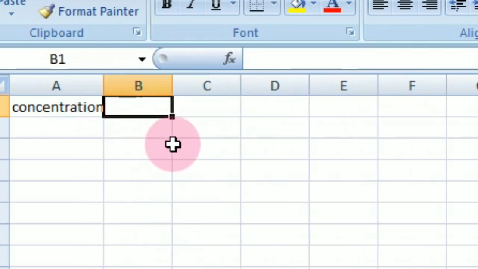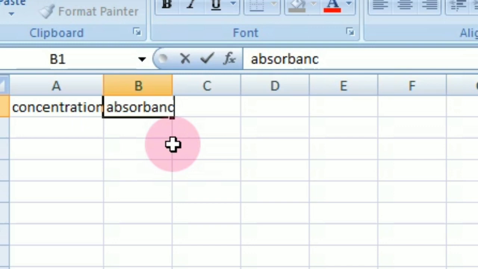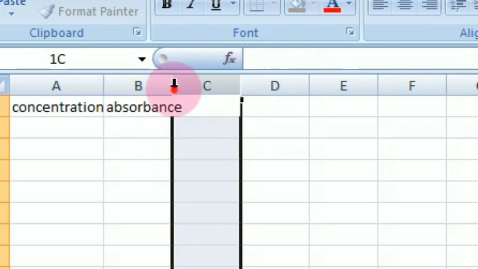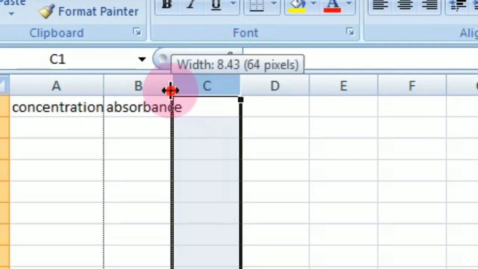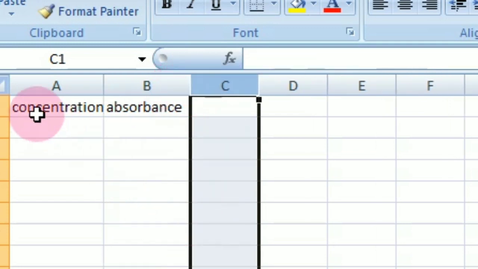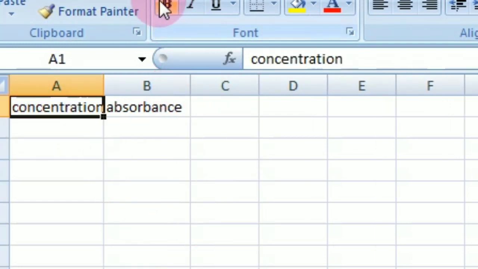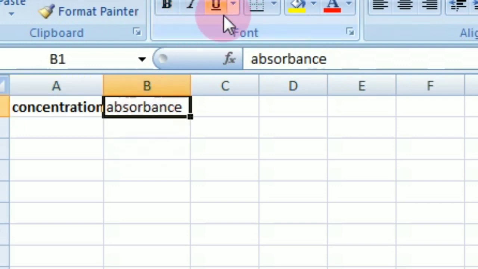In the second column, I will be taking absorbance. So I have taken a couple of columns, concentration in one and absorbance in the second.